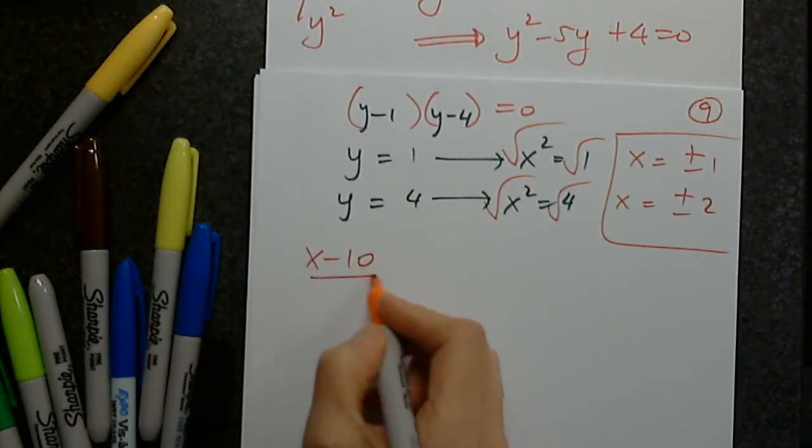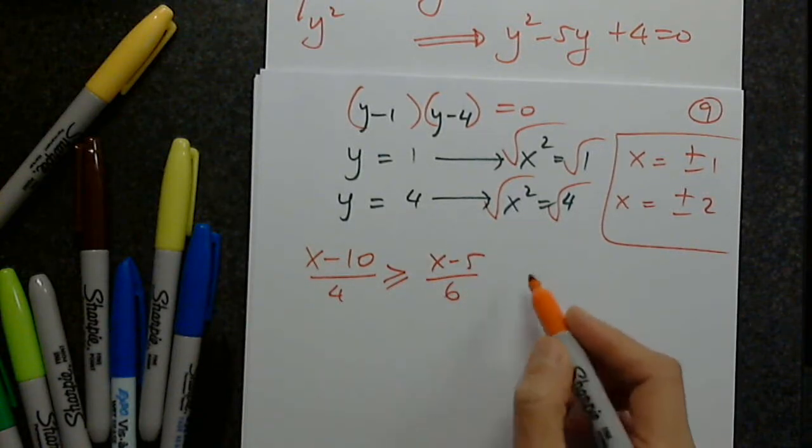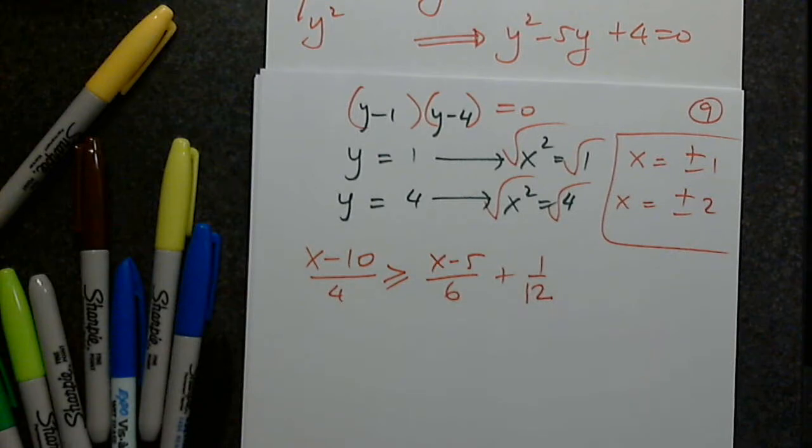X minus 10 over 4 greater than or equal to x minus 5 over 6 plus 1 over 12. Okay, what will you say?